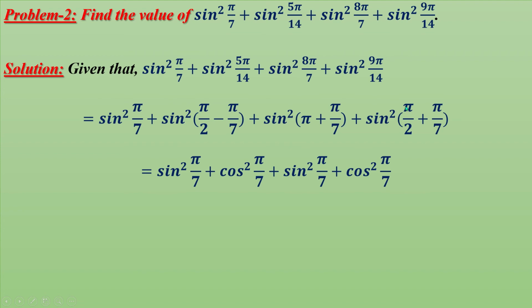Here also π/2, the number of right angles is odd, so sin becomes cos π/7. Now sin² A plus cos² A is 1, so this makes 1 and this also makes 1, that means 1 plus 1, which equals 2. This is the required answer. Clear?